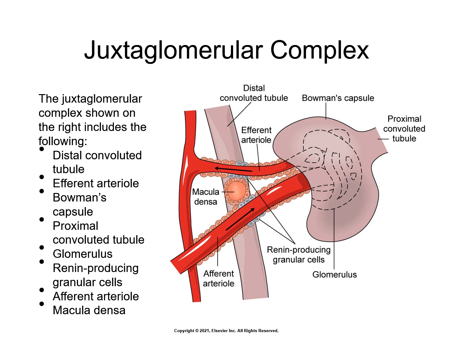It houses the glomerulus. The proximal convoluted tubule, and there's the glomerulus right there inside that Bowman's capsule, and the renin producing granular cells. Oh my gosh, that is super important. You better know what renin is. Afferent arteriole and the macula densa. So these are all very important parts of the kidney.